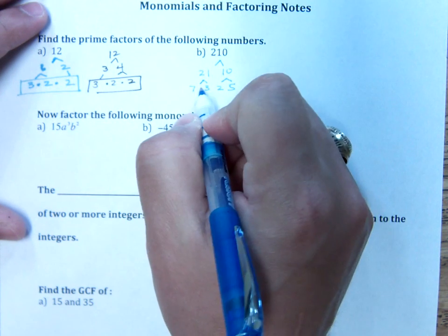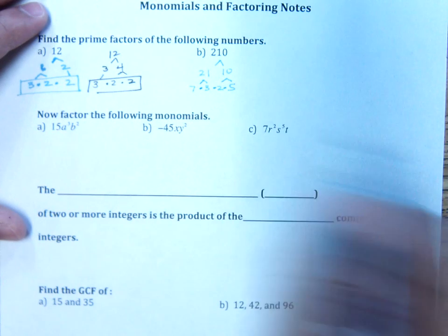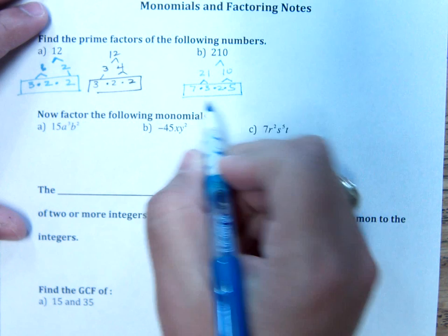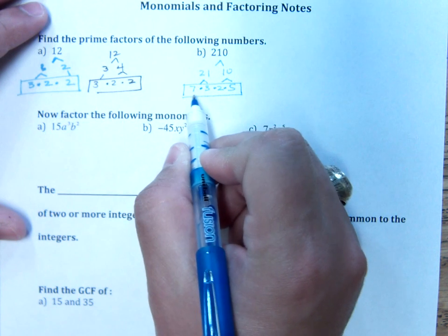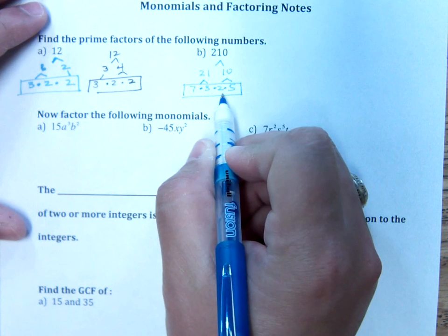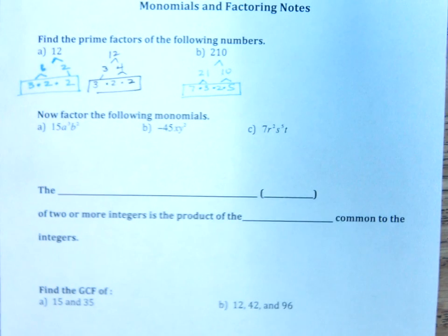So if I multiply 7 times 3 times 2 times 5, okay, I get 210. Can anything else go into 7? No. Can anything else go into 3? No. 2? No. And 5? No. So those are your prime factors.